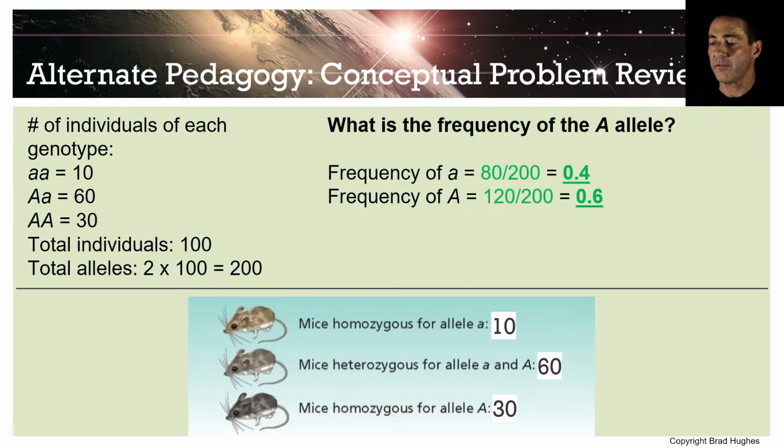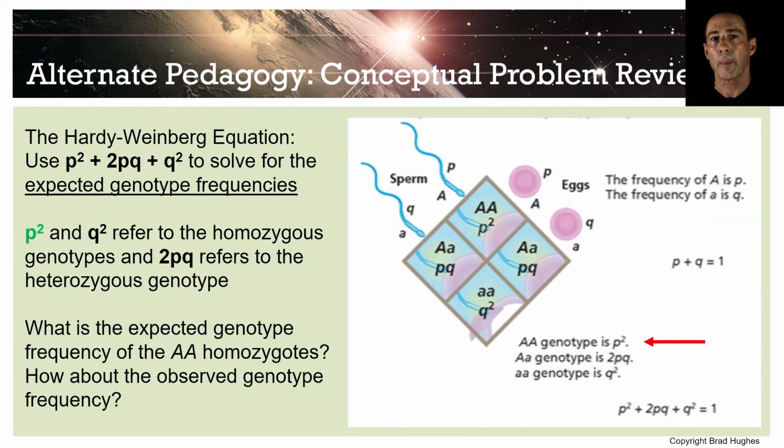Using our observed allele frequency results that we calculated earlier, we can calculate the expected frequencies of each genotype, what they would be if they were in Hardy-Weinberg equilibrium, where big A big A equals P squared, small a small a equals Q squared, and big A small a equals 2PQ.